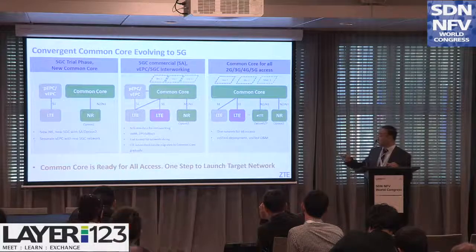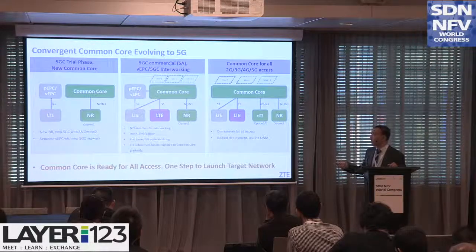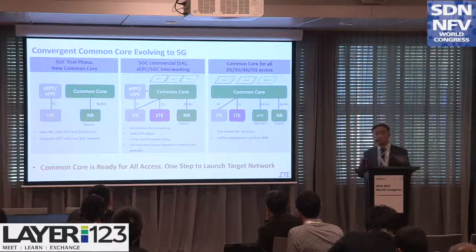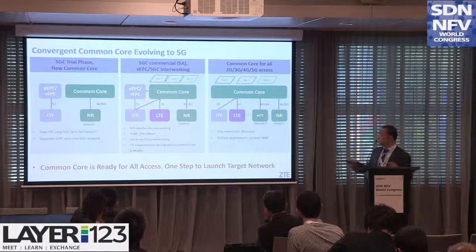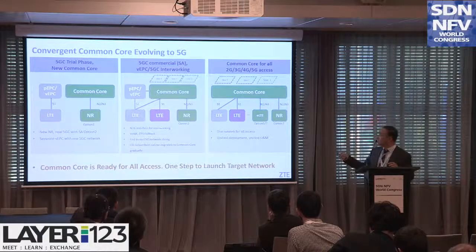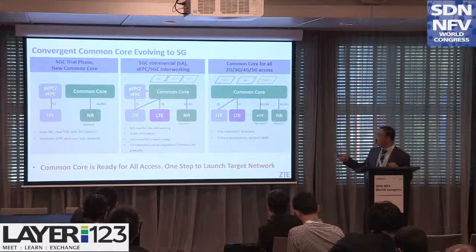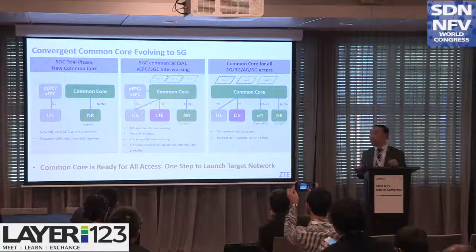In this case, at the very beginning, in the trial phase, you can introduce a new common core acting as a 5GC for an independent 5G network, which will not affect the existing EPC network. This is for trial, and I think it's already happened in China. In the second phase, the pre-commercial or early commercial stage, the common core can work with the existing EPC network to provide interworking at the very early stage.